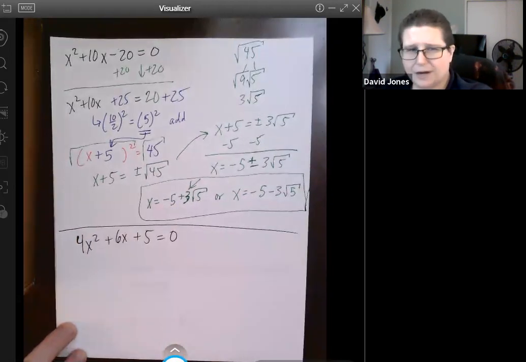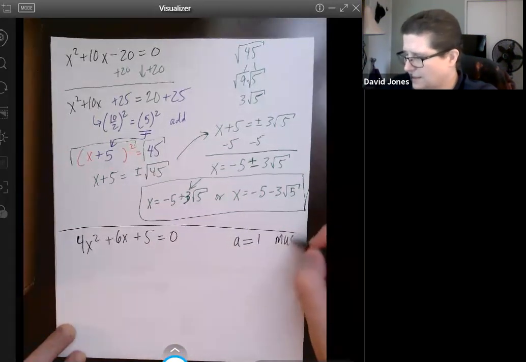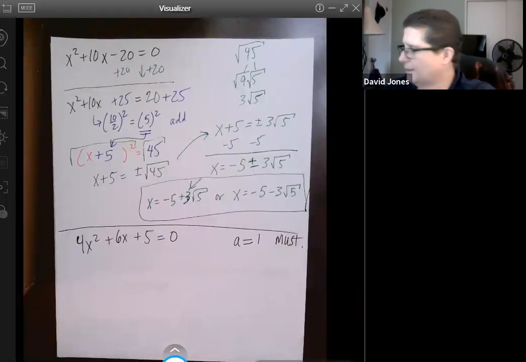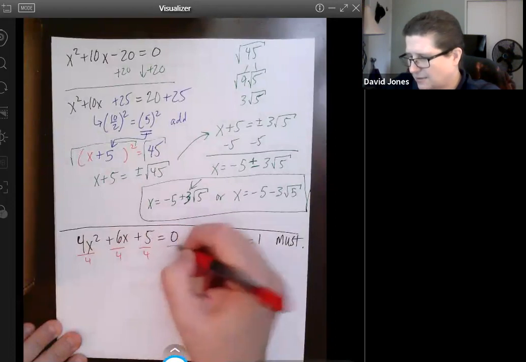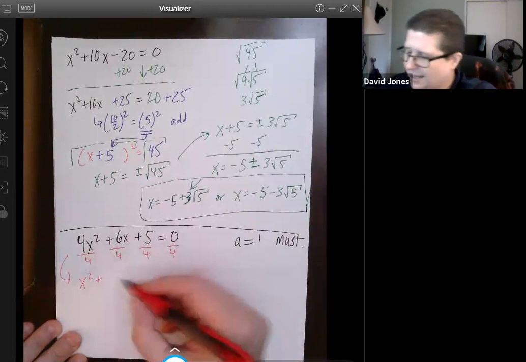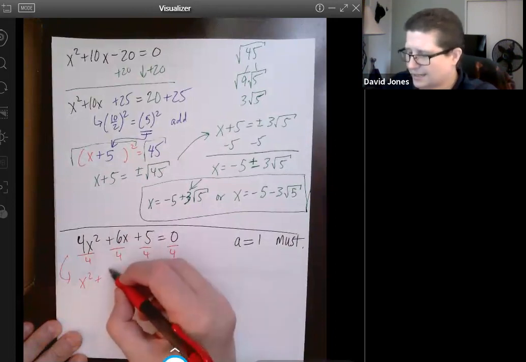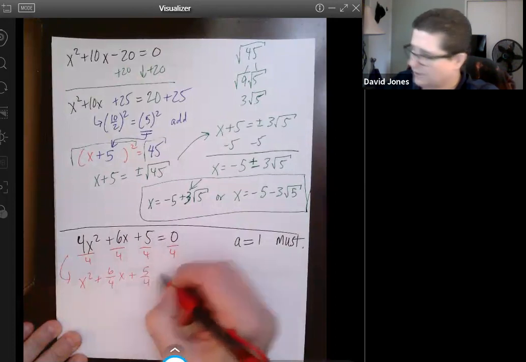To start you off, remember you have to get a to equal 1. To make that happen, I'm going to divide everything by a. And I get x squared plus 6/4 x plus 5/4 equals 0.